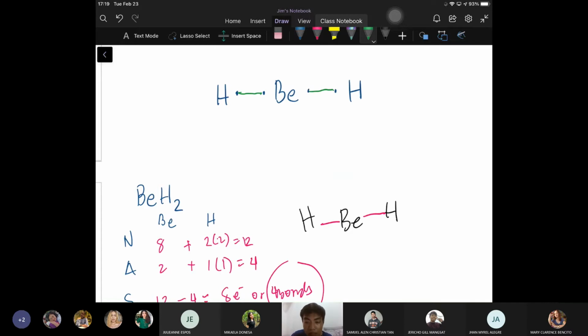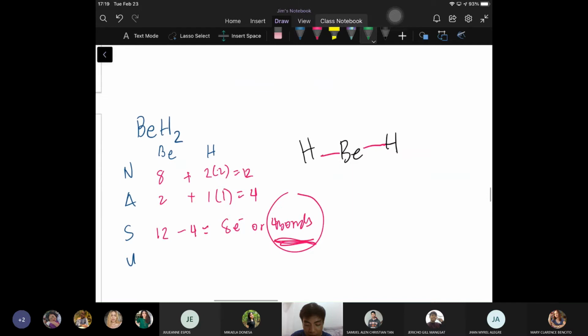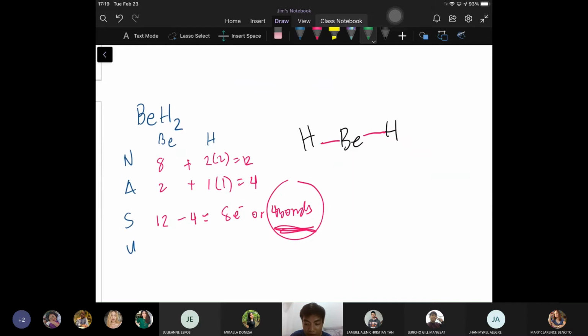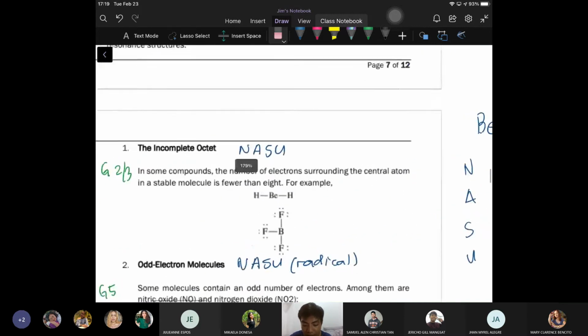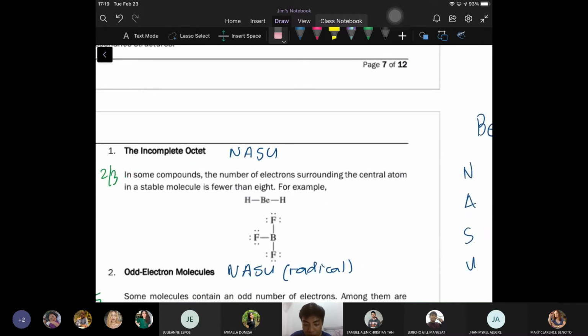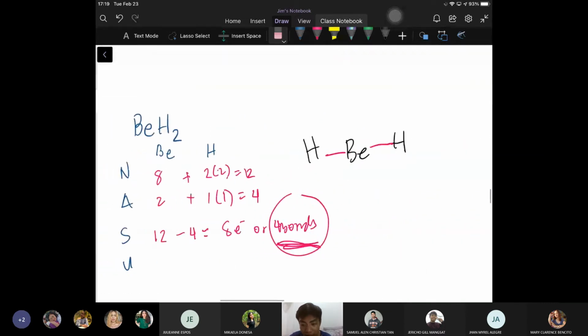Kahit di ka na mag-octet rule kapag incomplete octet. Kapag nag-octet rule ka, may complication agad. So again, if your central atom is in group 2 or group 3, wag na kayong mag-octet rule. Mag-connect the dots na lang kayo.